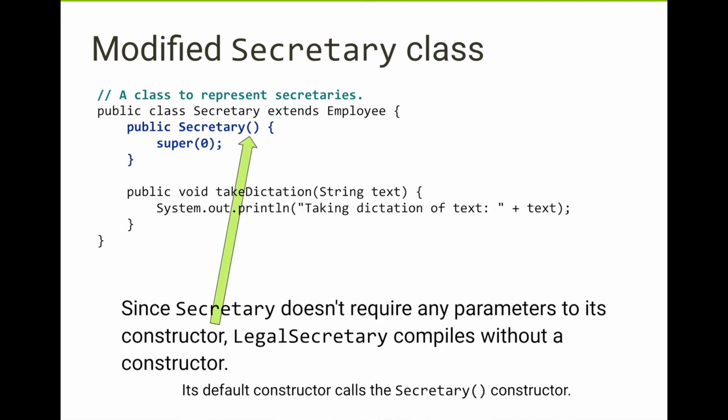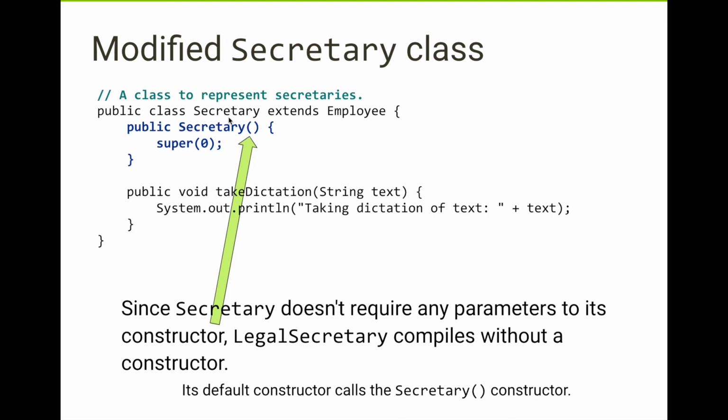Since our secretary does not require any parameters to a constructor, the legal secretary compiles without a constructor. What? Say that again, Mr. Stride. You're talking nonsense. Okay, remember there's a legal secretary class that inherits from the secretary? That legal secretary must also call its super constructor.